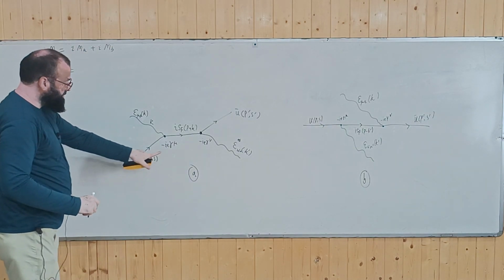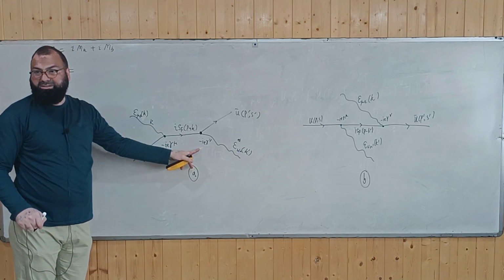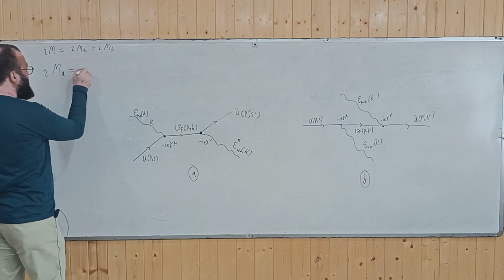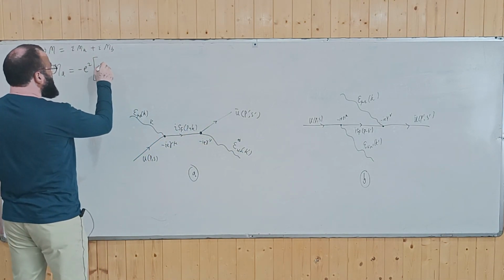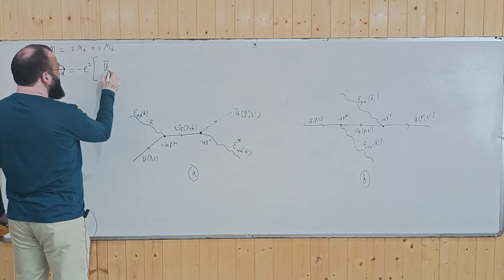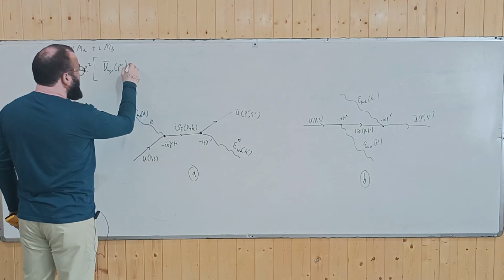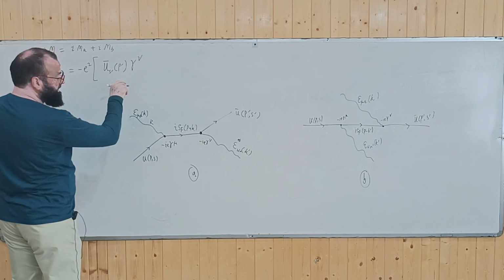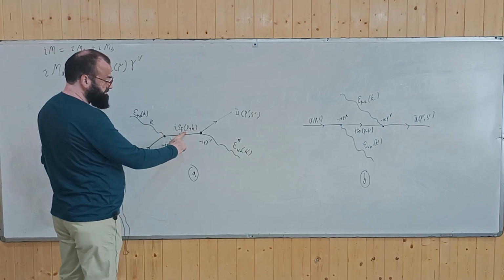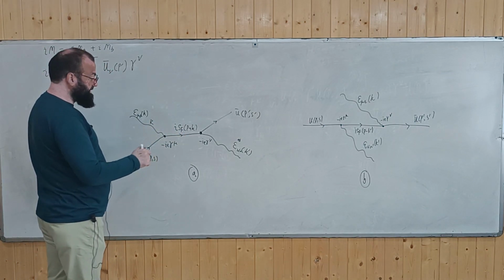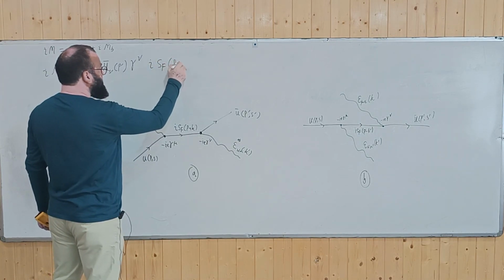So what is our iM? Now tell me. This is minus i e, minus i e, so it is minus e squared, which I will keep outside. So you have e squared coming. What is the final state? You start from the final state. So ū(p', s'), then you have the vertex gamma nu, from which I have taken out i e. Then you have a propagator, i S_F(p + k).